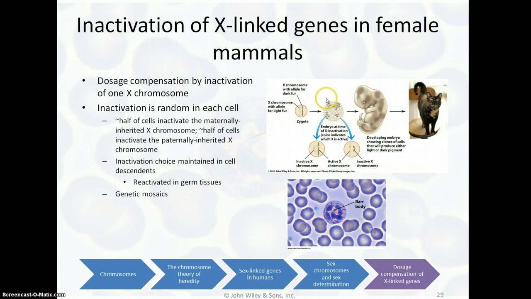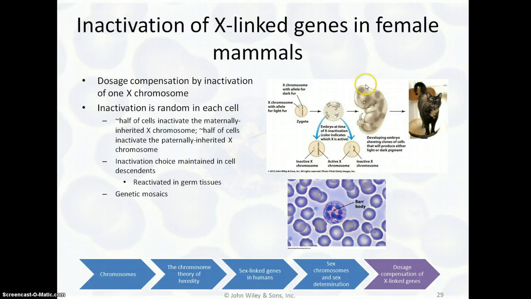If you look at the embryo, which is composed of many cells, in some cells the inactive X chromosome is the one that carries the light coat color allele, and in other cells the other X chromosome is inactivated, the one which carries the other coat color allele.